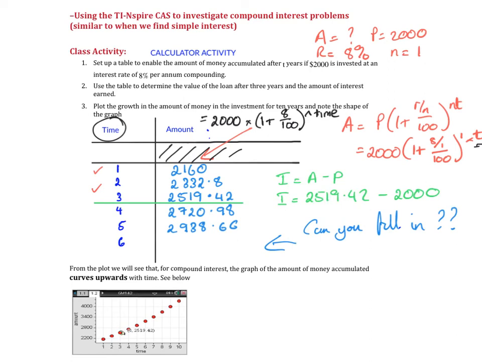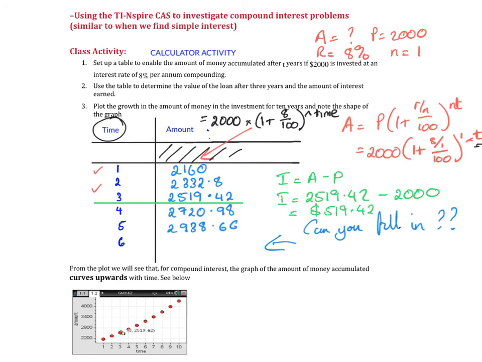Well, we can see from our table that after 3 years, the amount in our account is $2,519.42. And therefore, if we want to work out how much interest we've earned, we take 2,000, the initial principal, away from that. And so we calculate that we have $519.42 in interest after 3 years.